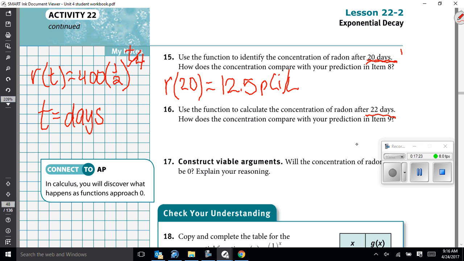So what do you get for that one? What's the amount? For 22 it's 9 point something? So it's 9.375.